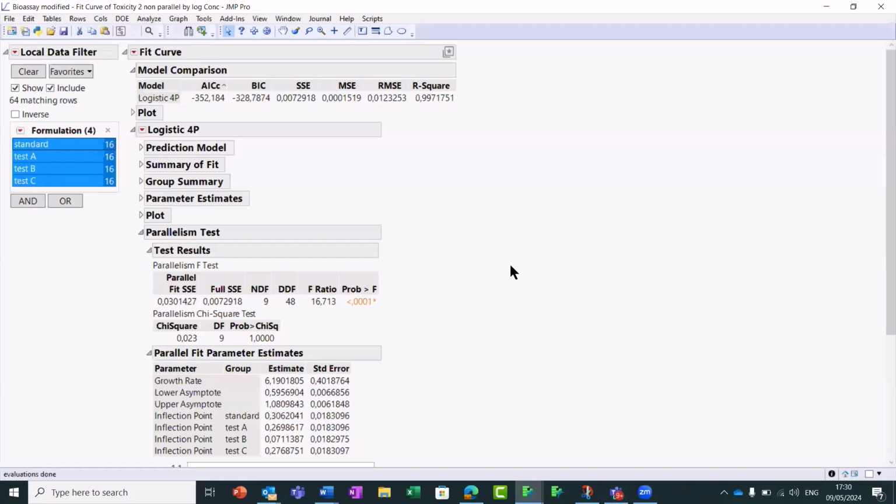This is really the first thing to do, because if they are not parallel, you will not be able to do any other tests like the equivalence, because they are not equivalent, right? Or you will not be able to do a potency test, because potency is really related to the shape of the curve, of course.